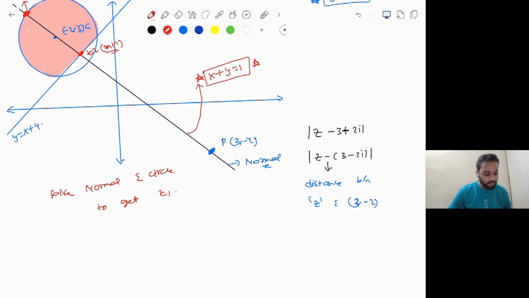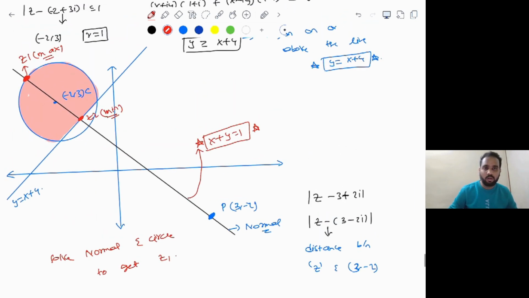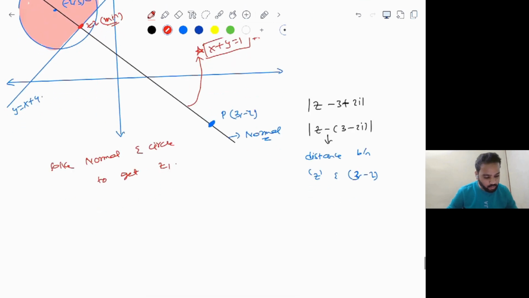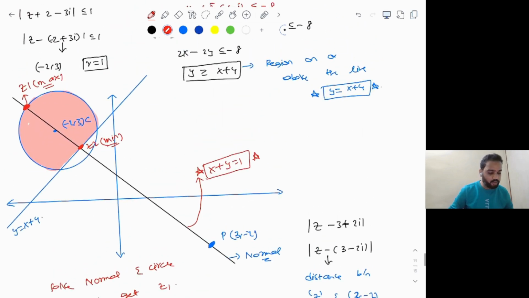Okay, and I'm leaving the calculation part to you because it is simple solving of a straight line and a circle. And then next one is what? Z2. So to calculate Z2, what is your obvious idea? You can simply find out the point of intersection of two straight lines, right? So I'm going to mention that solve y is equal to x plus 4 and x plus y is equal to 1, that is the normal, to obtain the point Z2. Okay.